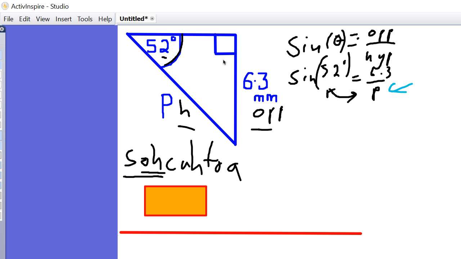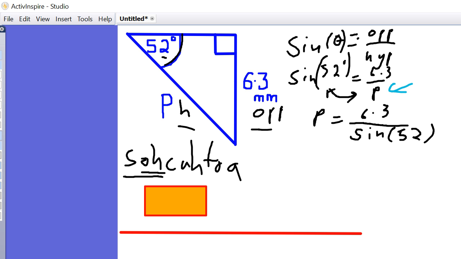See that P there and that sine 52? We just swap their positions. P equals 6.3 divided by sine 52, and sine 52 is just a number. Your calculator knows what number that is, you don't have to.